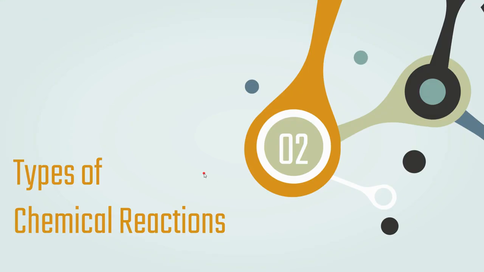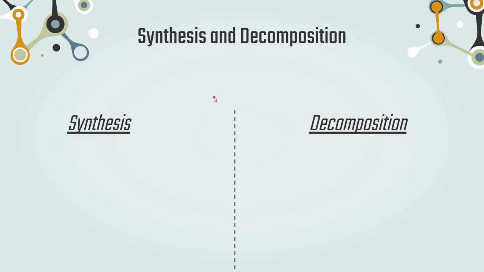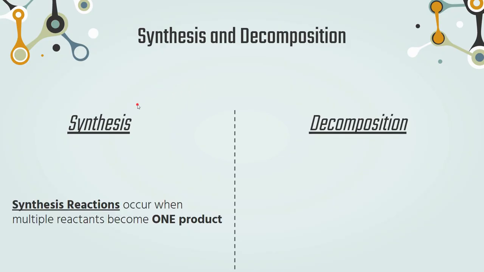Now let's go through a quick recap of the types of chemical reactions. I'm going to present these as reactions that are somehow related, and we'll start with synthesis and decomposition reactions. A synthesis reaction is a reaction that occurs when multiple reactants become one product. For instance, in this synthesis reaction, we have two reactants becoming one product, NaCl.